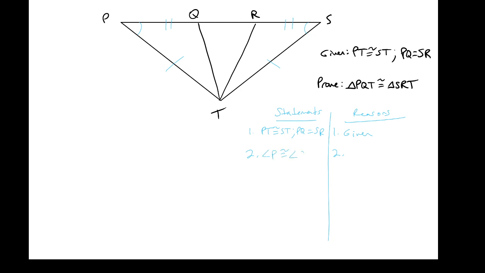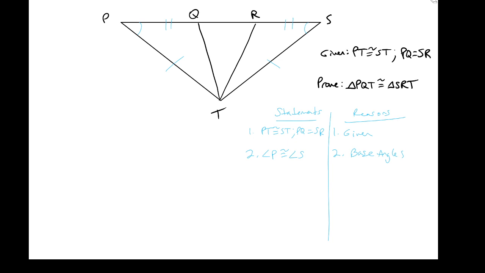And the reason why is that these are base angles. It's the base angles theorem for the isosceles triangle, right? Those base angles that are opposite, right? So imagine that we, again, don't have QT and RT. You guys can see that that guy's clearly an isosceles triangle, right?